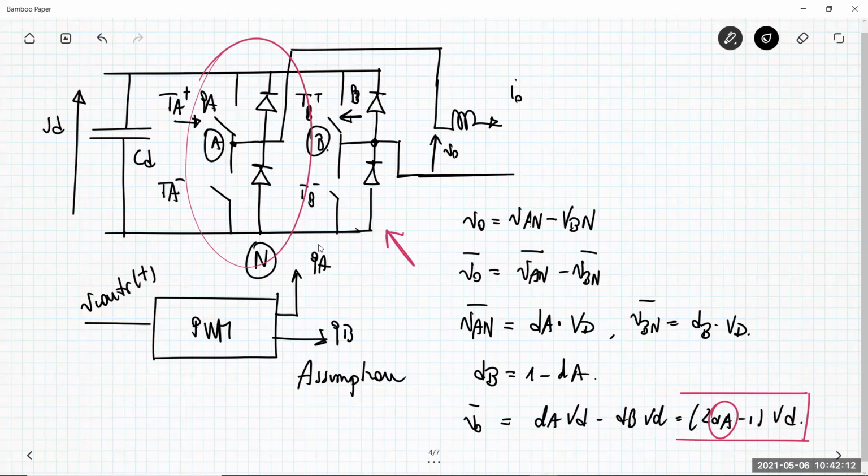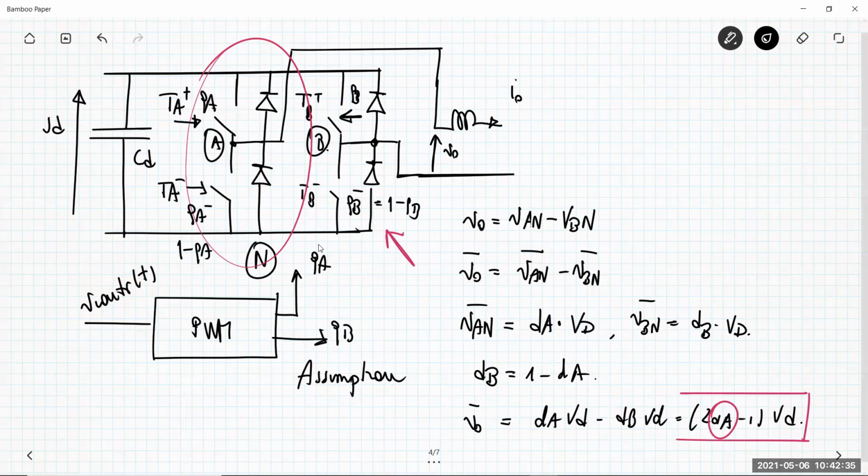And then we have also the logical inverted signal QA minus, which is 1 minus QA, or QB minus, which is 1 minus QB, commanding the low side transistor.